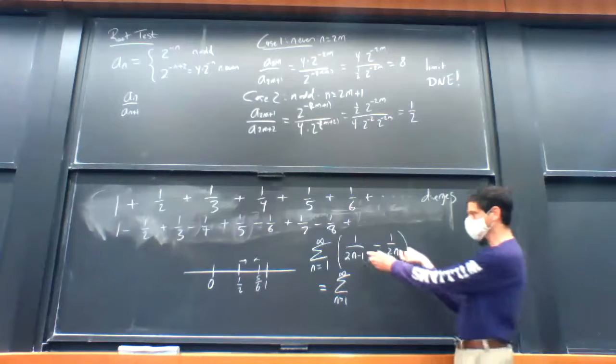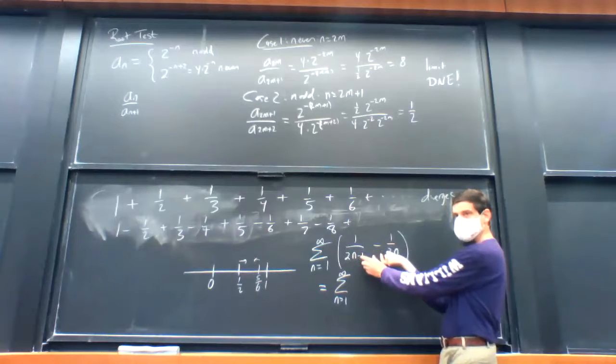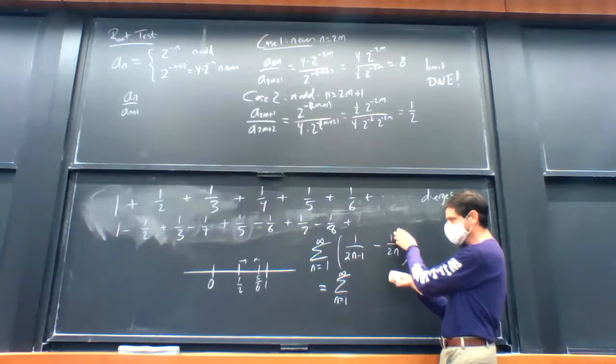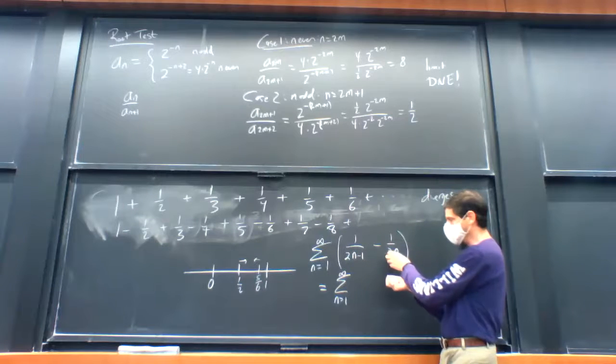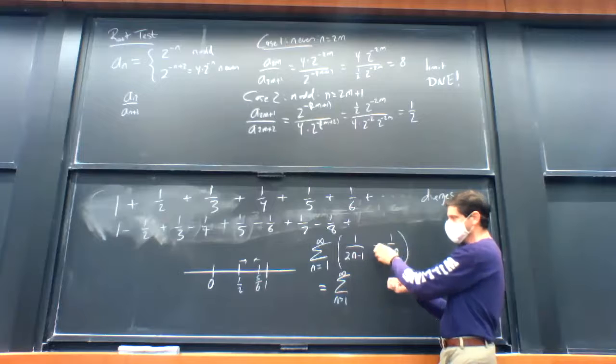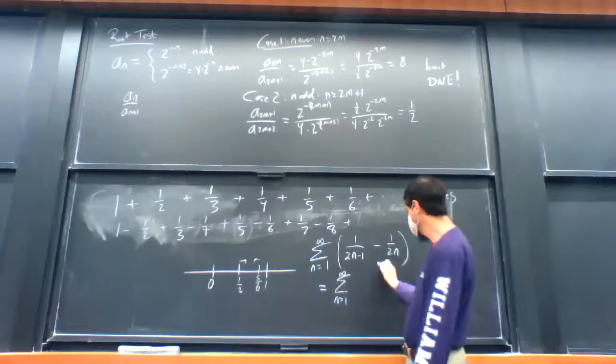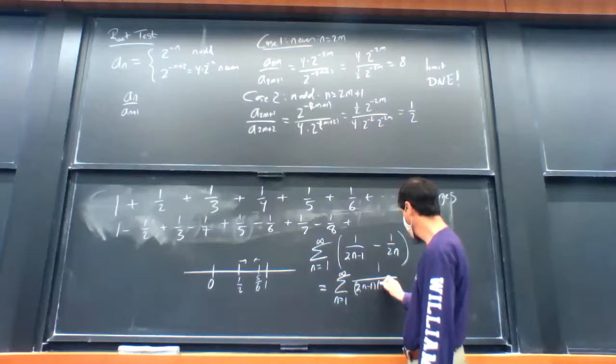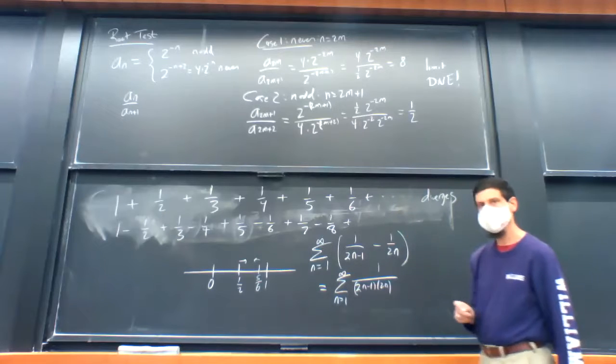By the common denominator, so it's going to be 2n minus 1 times 2n. I cross multiply: I multiply by 2n over 2n, and 2n minus 1 over 2n minus 1. I'll get 2n over their product minus 2n minus 1 over their product. So it's just 1 over (2n minus 1) times 2n.